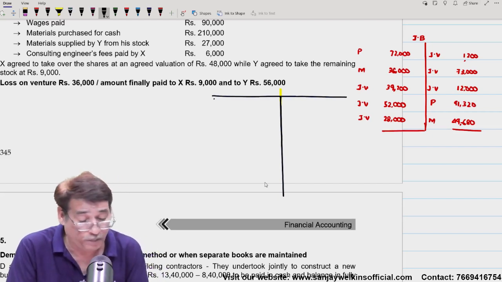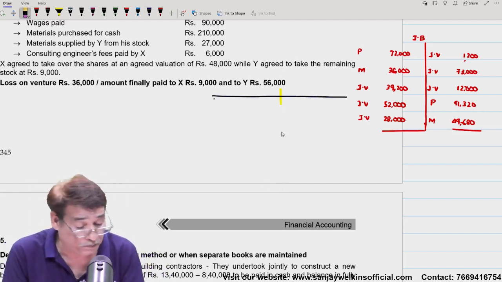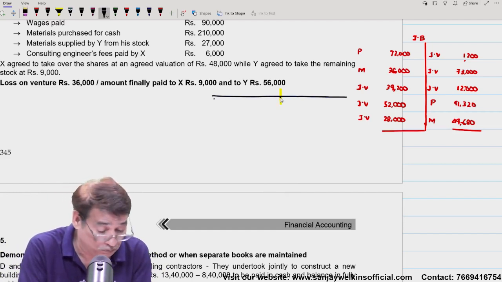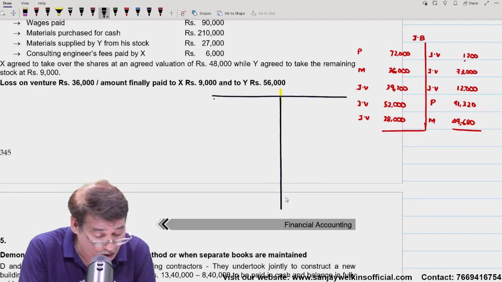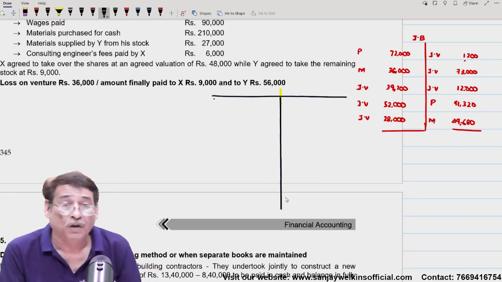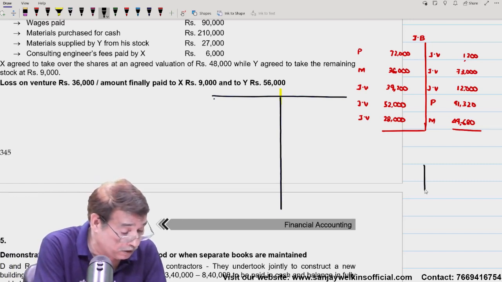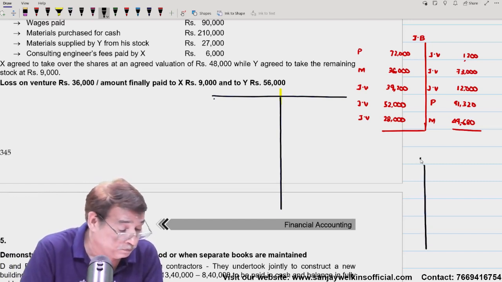And then after preparing your joint venture account, you can prepare your joint bank account also. This is your joint bank account.